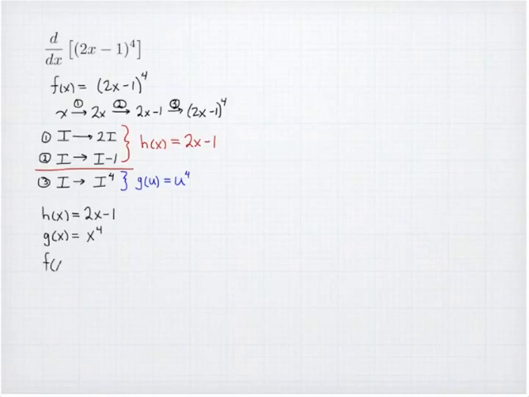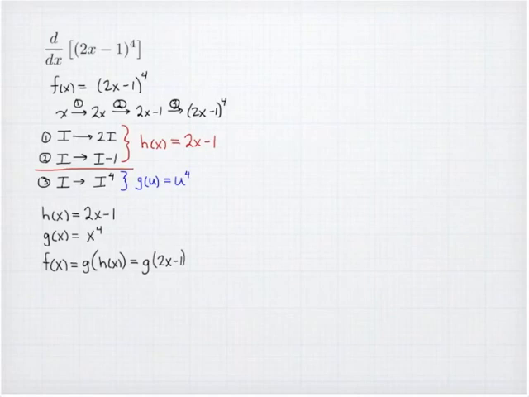My function f is g of h of x. In other words, I'm putting 2x minus 1 into my function g to get an output.